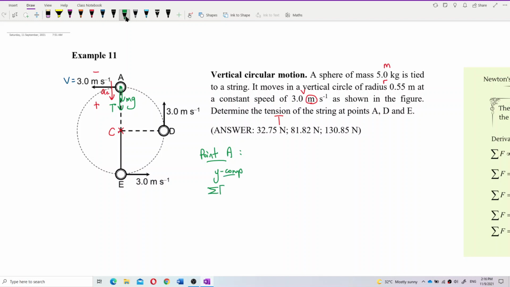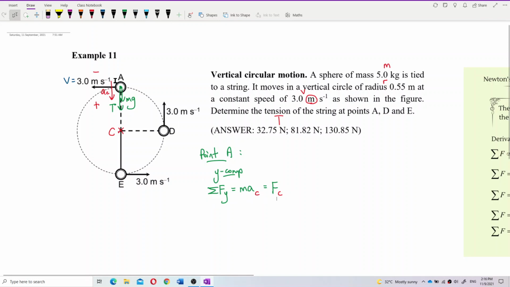For the y component, the resultant force is mass times acceleration, and the acceleration here is the centripetal acceleration. This resultant force is actually the centripetal force, Fc equals m ac.